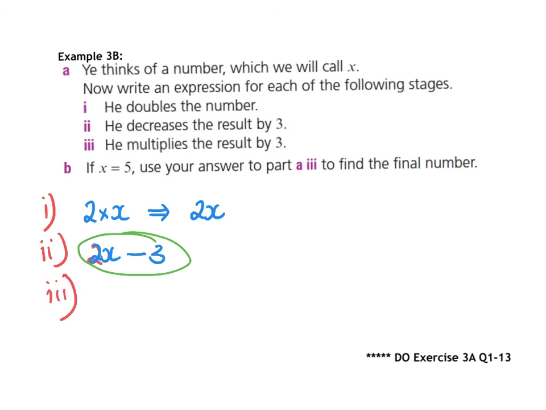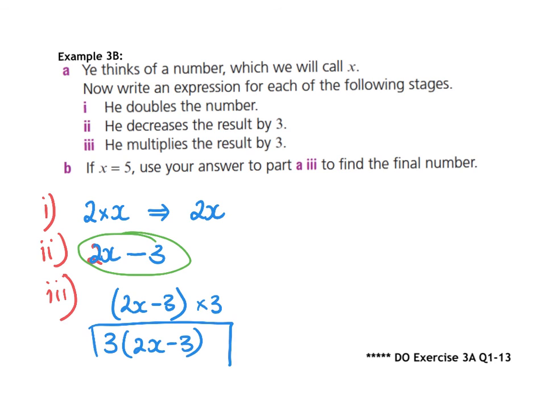So you go 2x minus 3, you pop it in the brackets. Now you could say times 3, but where do we normally put that 3 when we have a bracket? Does anyone else know? Pardon? Before it, at the front. Excellent. So I can hear a few people saying that. Awesome. So there's our final answer there.